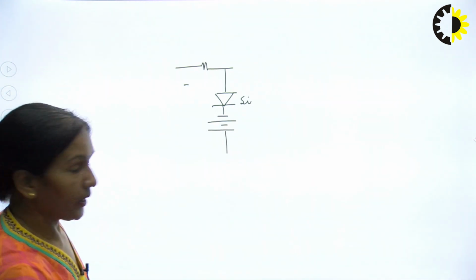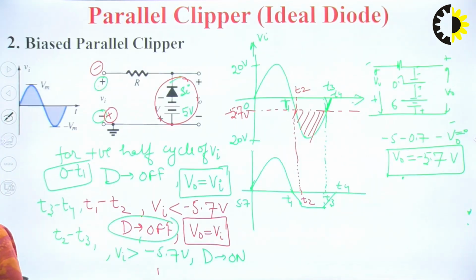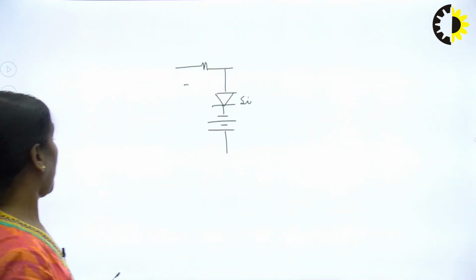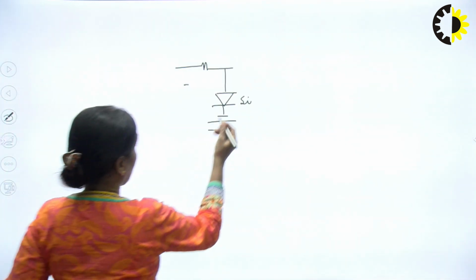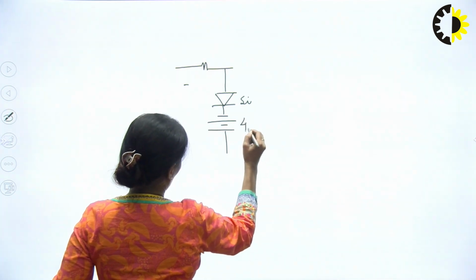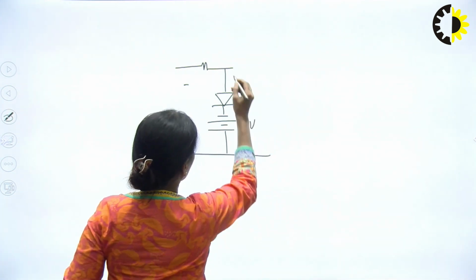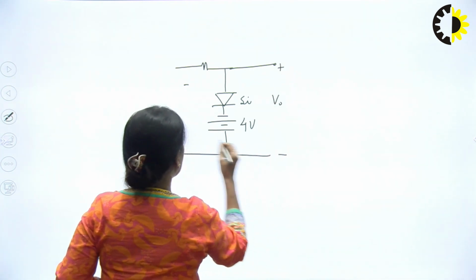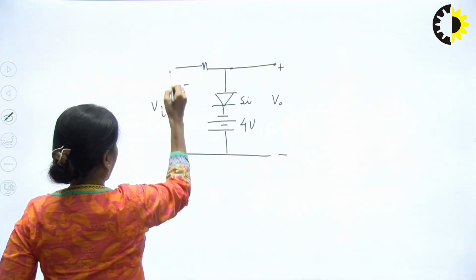Again, I am taking this as the silicon diode. I am taking this as, let's say, 4 volt. This is V naught. This is VI.